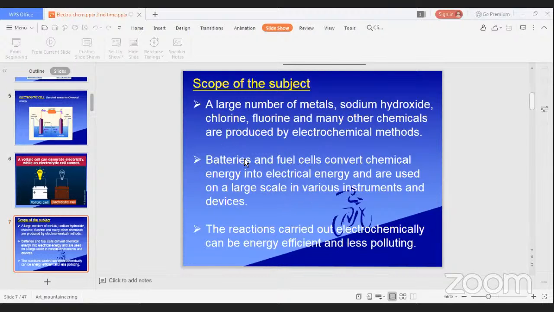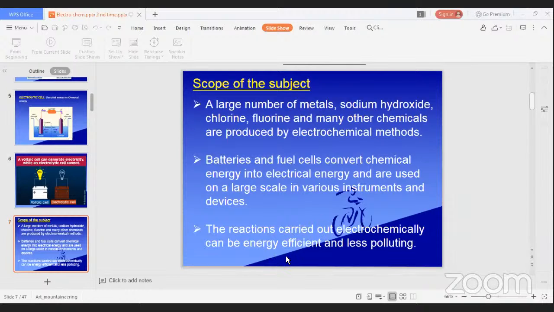Whatever batteries we are using, we have primary batteries, secondary batteries, and fuel cells. These all come under the applications of electrochemistry. And the third one, what is the benefit of electrochemistry? By using electrochemistry, there is less pollution and it is more energy efficient.